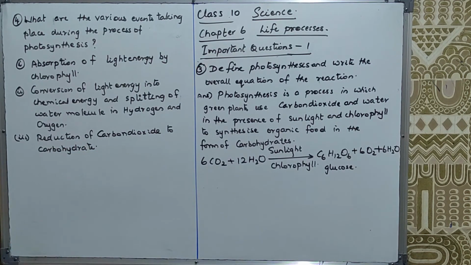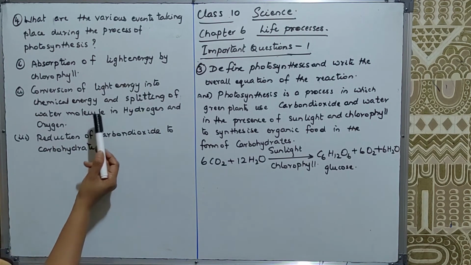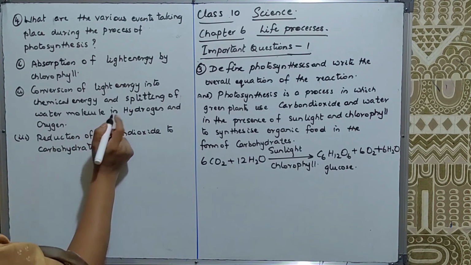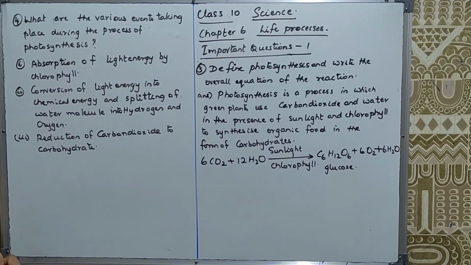Now, what is the main byproduct during the process of photosynthesis? Oxygen. How was it produced? By the splitting of water molecule into hydrogen and oxygen. And then what happened to hydrogen? Hydrogen was utilized for the reduction of carbon dioxide to carbohydrate.